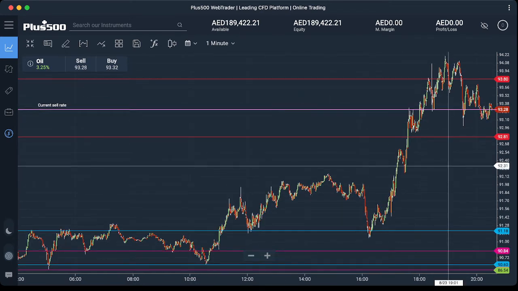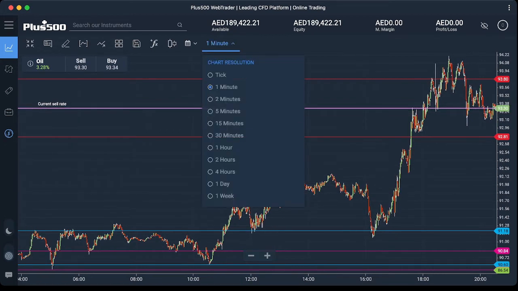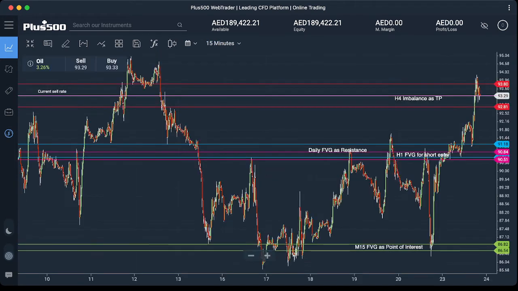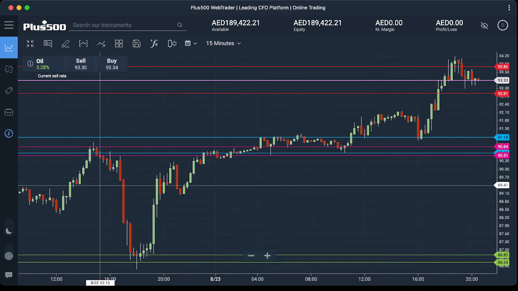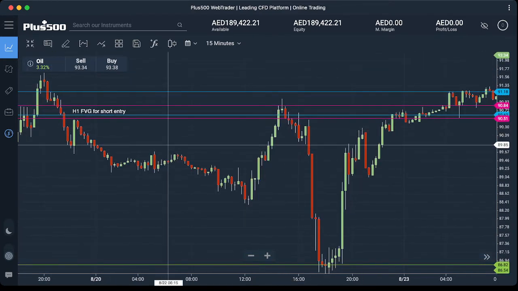Here in the 1 minute chart, we cannot go back to that Monday, unfortunately. So no worries, here in the 15 minute I'm going to show you how the price reacted to this level. You can see this was Monday.